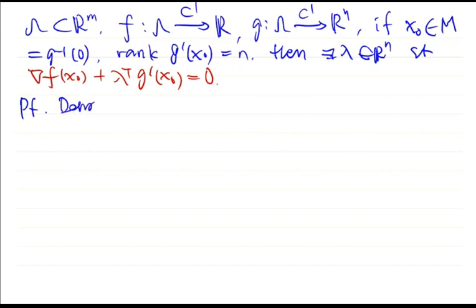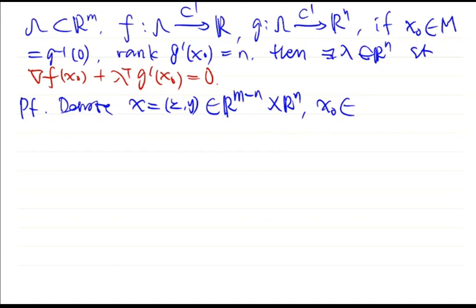Denote x to be (z, y), with z in R^(m-n) and y in R^n. Then x0 is a point (a, b), where a is (m minus n)-dimensional and b is n-dimensional.